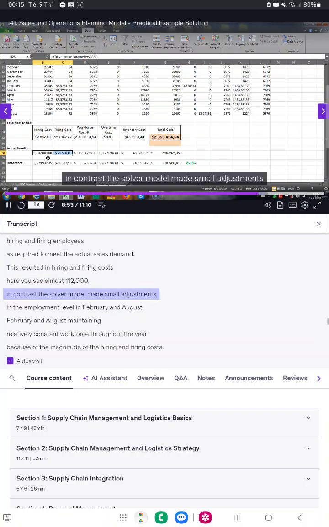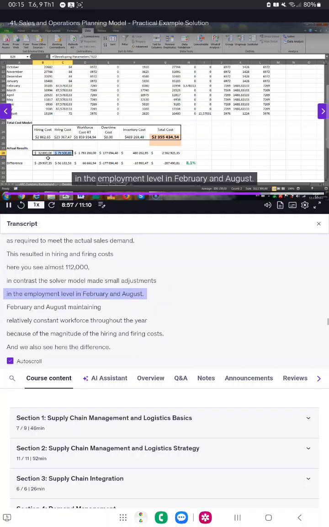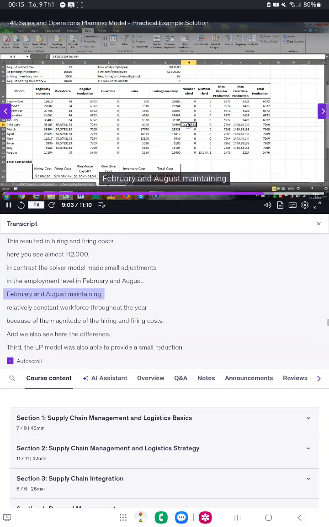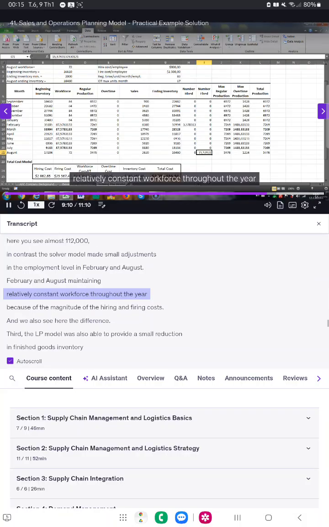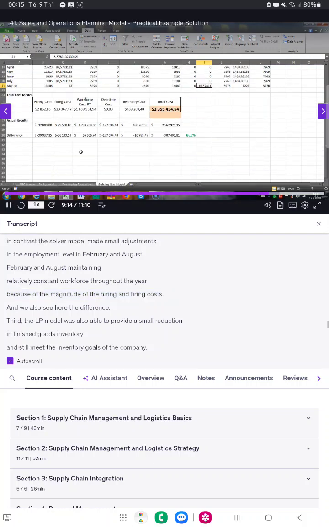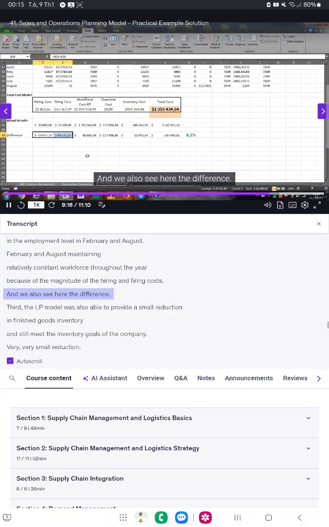In contrast, the solver model made small adjustments in the employment level in February and August, maintaining a relatively constant workforce throughout the year because of the magnitude of the hiring and firing costs. And we also see here the difference.